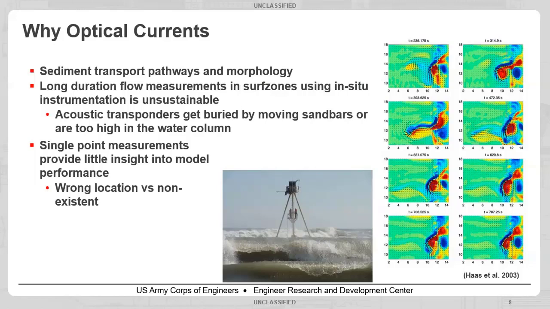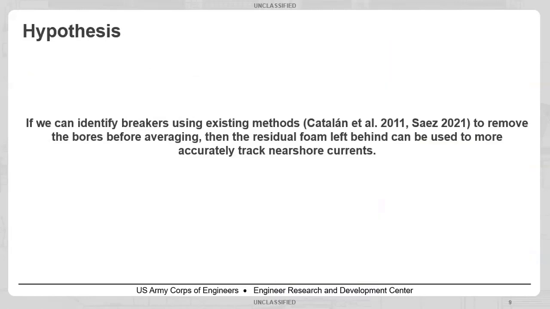Or if you think back to where we're doing this dense optical flow algorithm, we're going to be looking at each of these pixels in the domain. So we're going to have a lot more data points to pull from, and we're going to have a better chance of collecting all data from a spatial domain. So we're not going to have to worry about, was this object in the wrong location? Did it not exist? Did we not capture it? We're going to have a good spatial resolution with this.